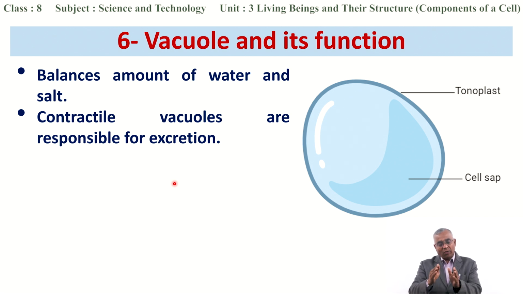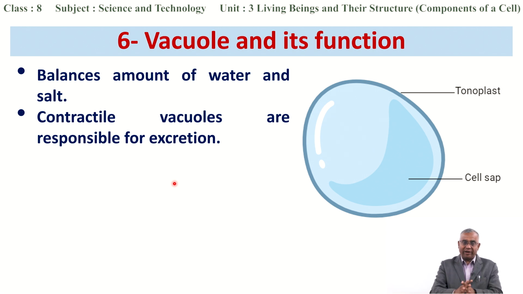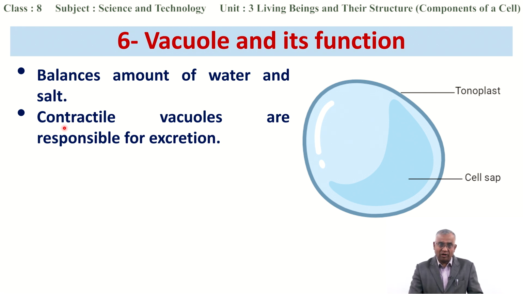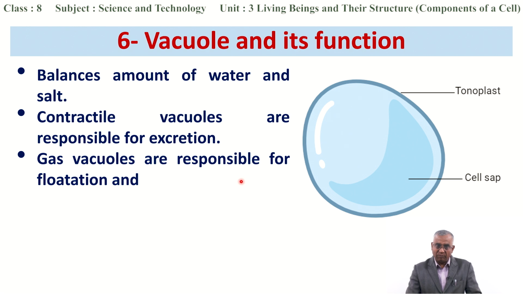That means while moving from center to the cell membrane region, they collect the unnecessary materials, become larger and larger, and when they come to the surface, they throw out the unnecessary substances. So in this way, they do excretion. So excretion is the function of what type of vacuoles? Contractile vacuoles.